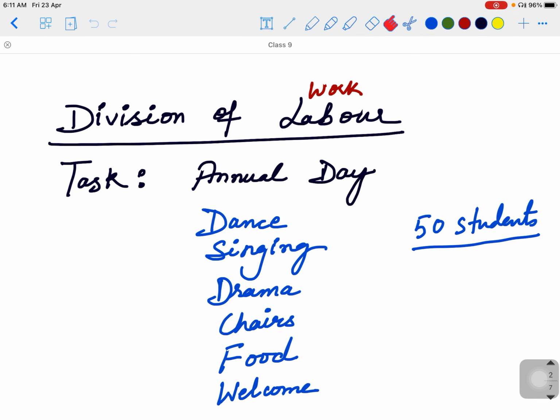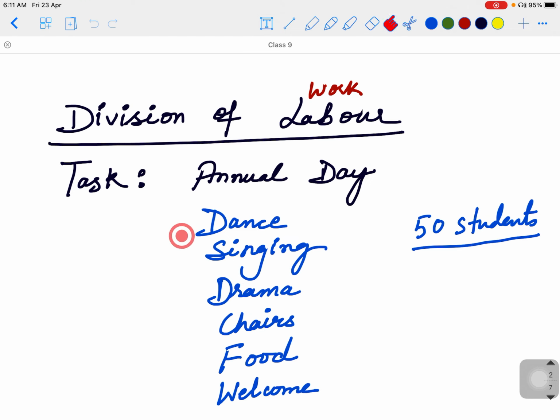One method is that each student is involved in all these tasks. That means one student will do dancing, singing also, drama also, help in arrangement of chairs also, and perform all the tasks. This way, you can imagine very well that it will be very difficult for us to organize the annual day. The correct method is that these students divide themselves in groups, and each group is responsible for one task.